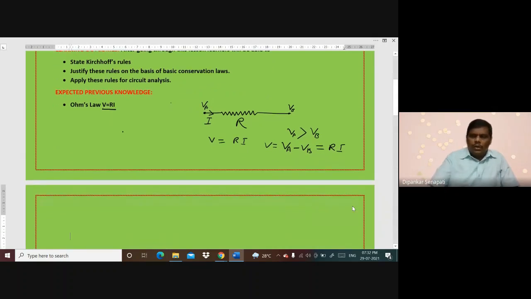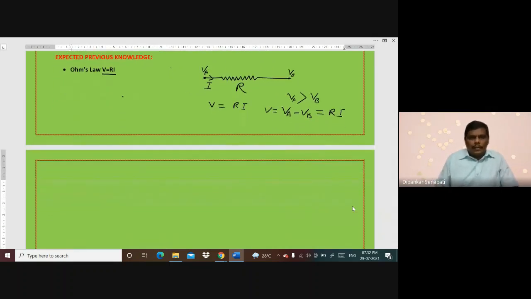Right. Now let me take a simple example like this. Here is one cell with a resistance, another cell with a resistance, and another resistance.